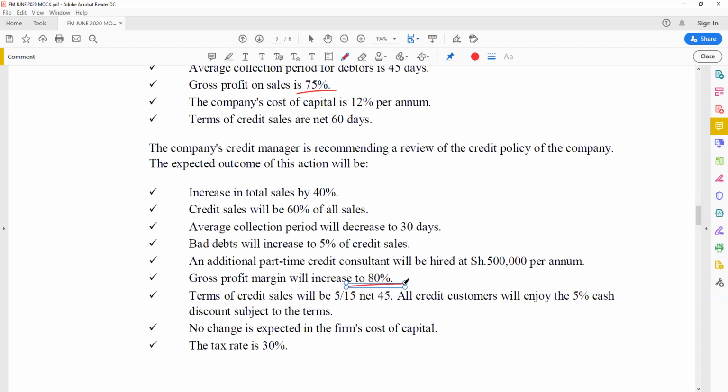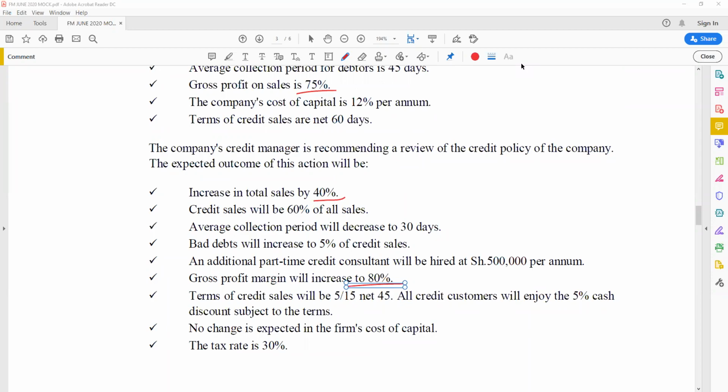So it is no longer 75%, but now it is 80%. And the sales will increase by 40% from 6 million.